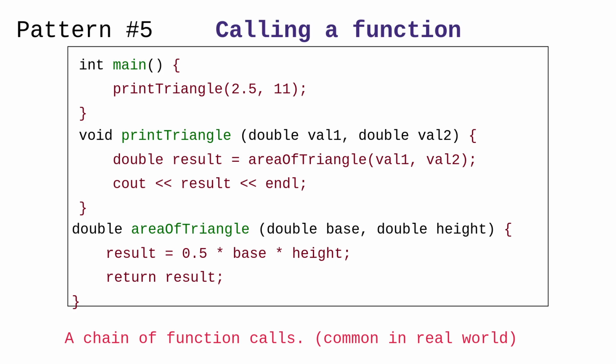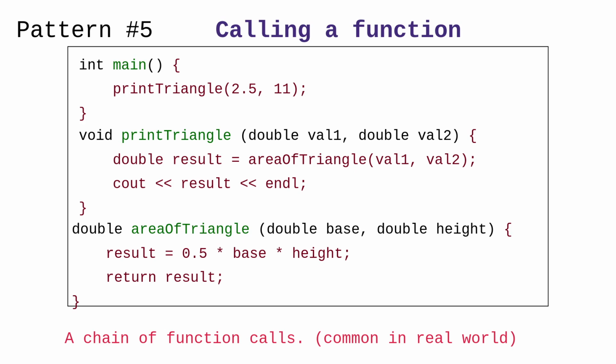Okay, so let's look at another common way of utilizing functions. And this one sort of brings the idea across that in real world programming, we tend to have lots of function calls where one function calls another function to help it complete its task.